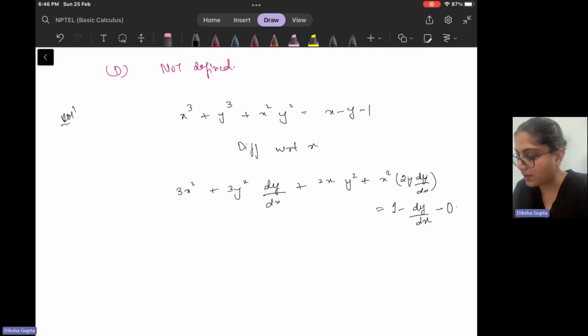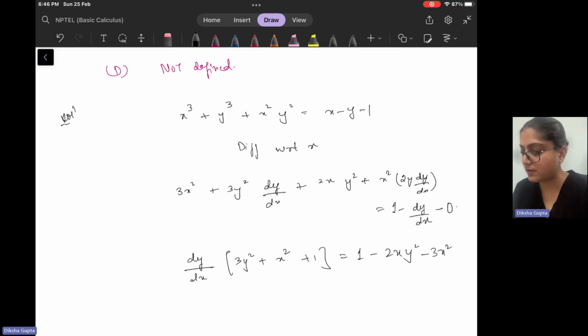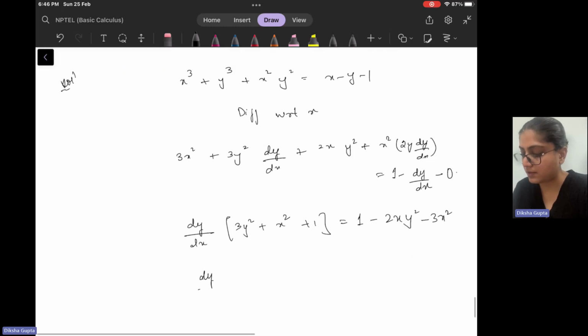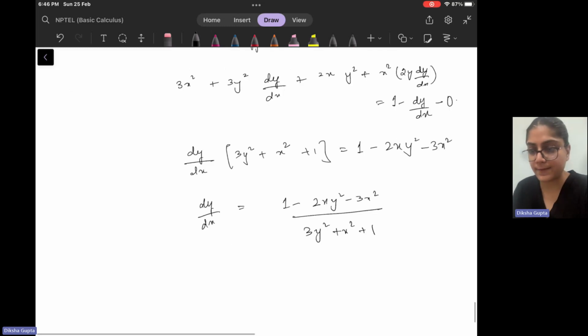So what do we have? dy by dx on one side; I'm taking dy by dx common. (3y square plus 2y x square plus 1) dy by dx equals 1 minus 2xy square minus 3x square. So dy by dx equals (1 minus 2xy square minus 3x square) upon (3y square plus x square plus 1).